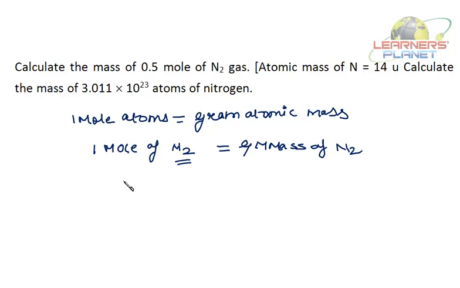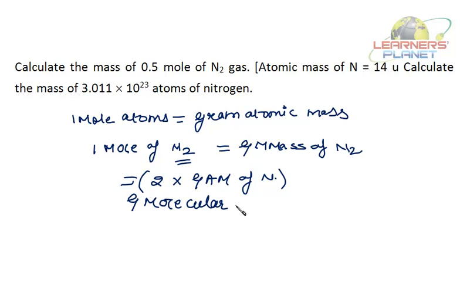Now the gram molecular mass of N2 will be equal to 2 into gram atomic mass of nitrogen. Now that is given as 14. So the gram molecular mass of N2 will be equal to how much? It will be 28 grams, right?